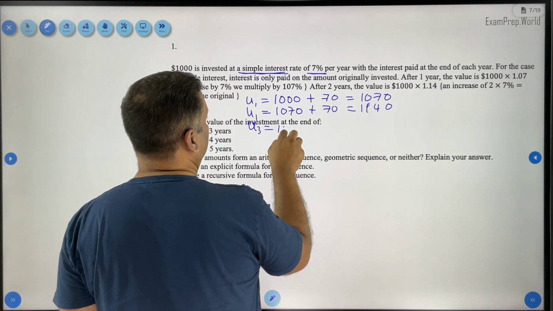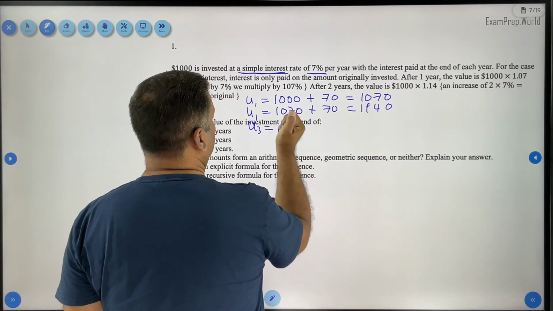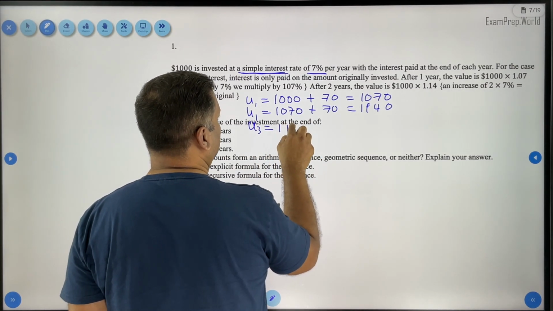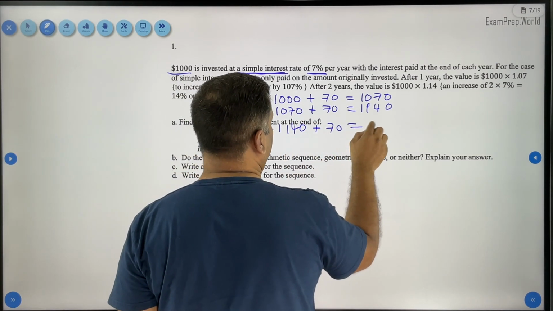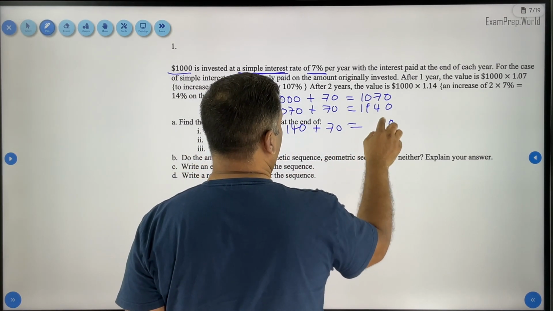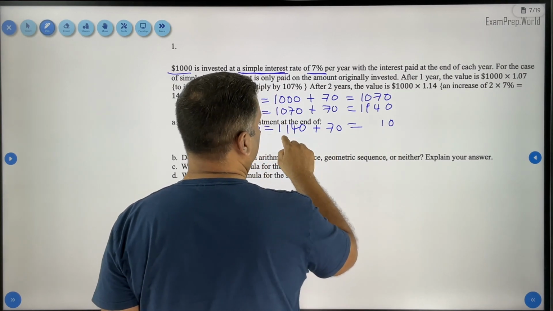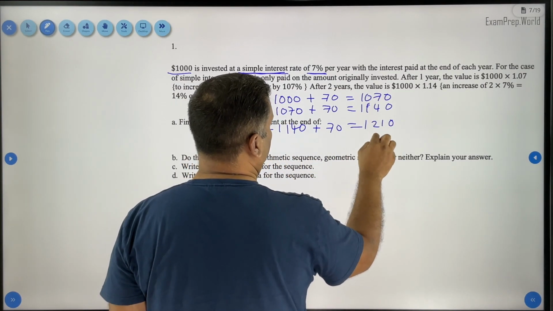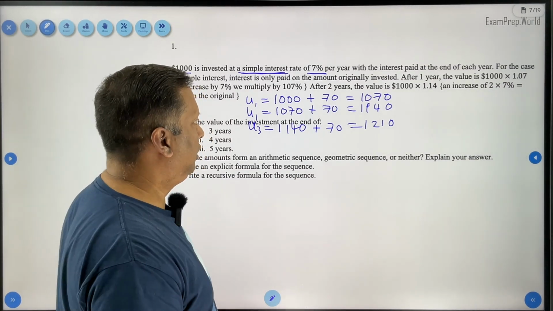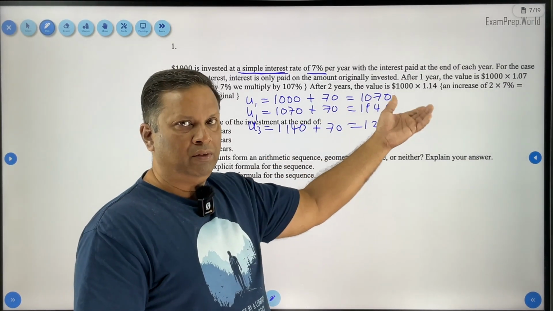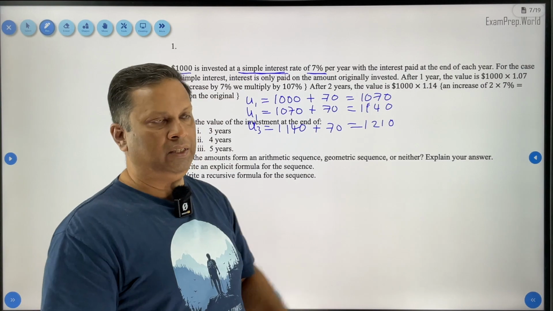U3 will be 1,140 plus another 70, which is $1,210. So this is how the amount was increasing every year with a fixed amount of 70.